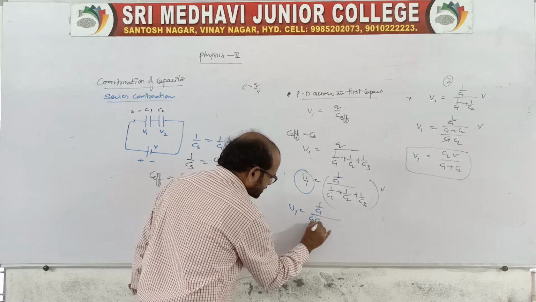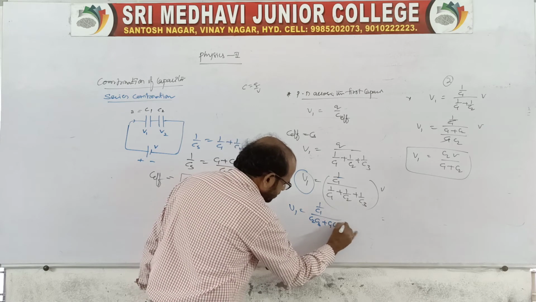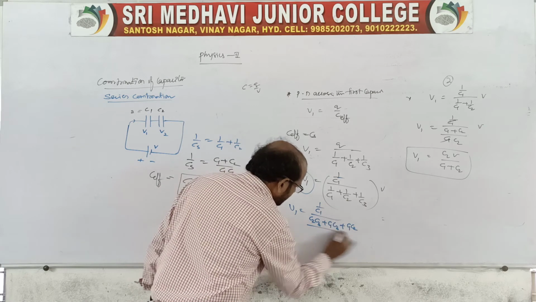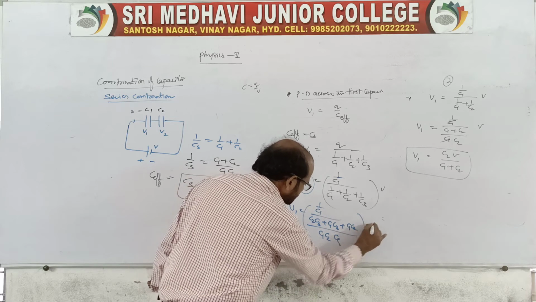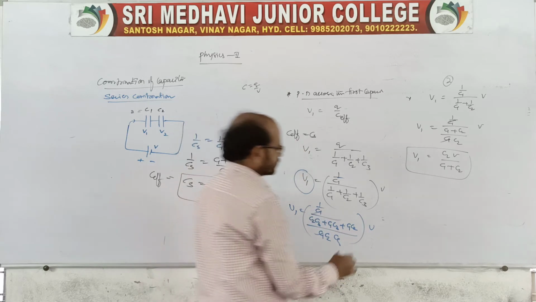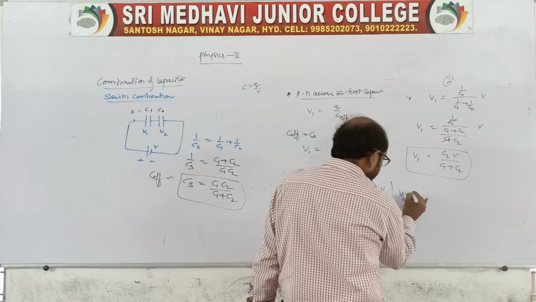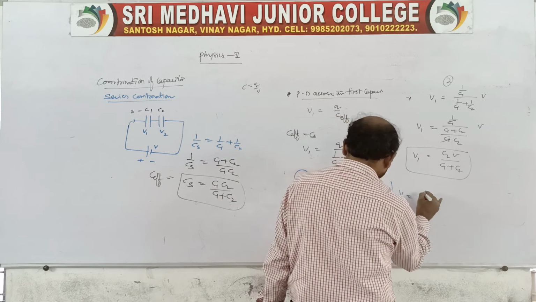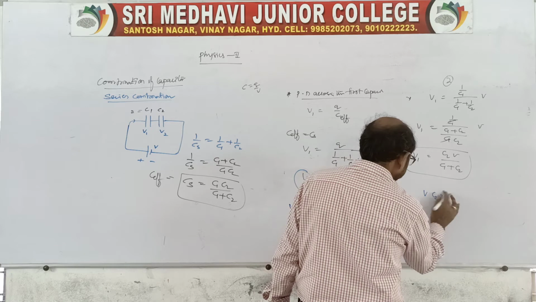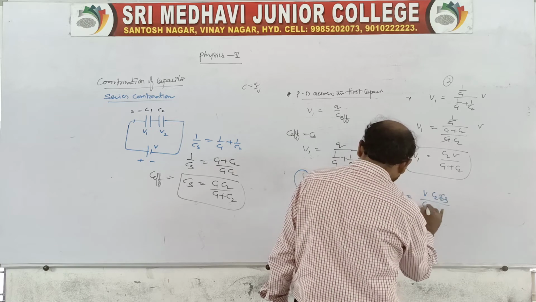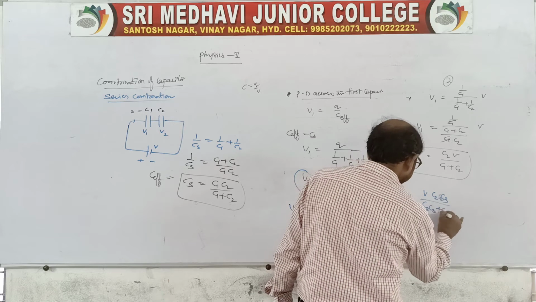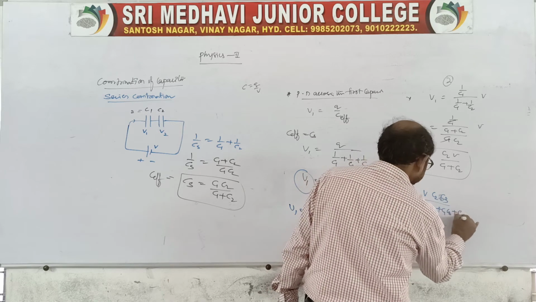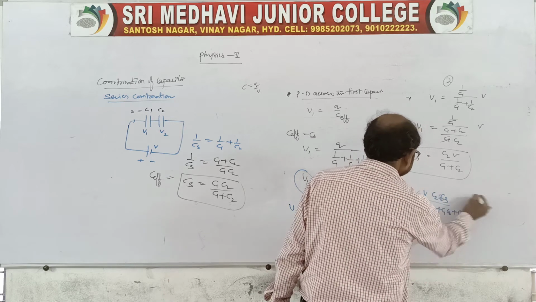Taking the LCM, (C2 C3 plus C1 C3 plus C1 C2) by C1 C2 C3, into V. So C1 is cancelled. Therefore V1, if three capacitors are connected, is equal to V into C2 C3 by (C2 C3 plus C1 C3 plus C1 C2), like this.